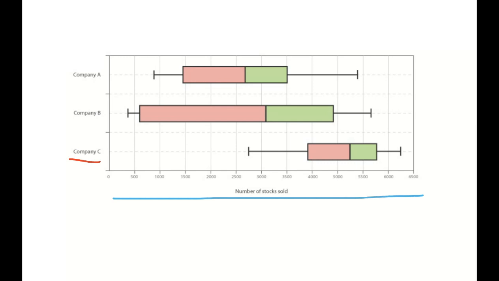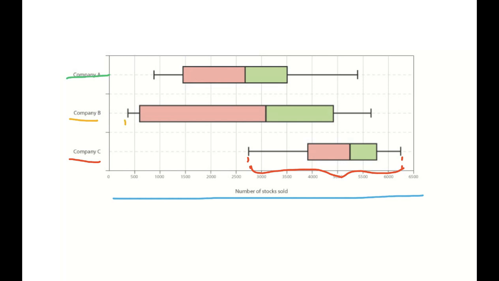So I'll put company C in red, company B in yellow, and company A in green. So remember that when we're talking about the range of box and whisker plots, it's really easy to see the range because those whiskers show us the minimum and the maximum. So what I'm going to do is draw lines from the minimum and the maximum for each of our box and whisker plots so we can see the range.